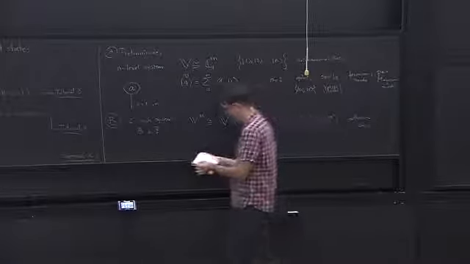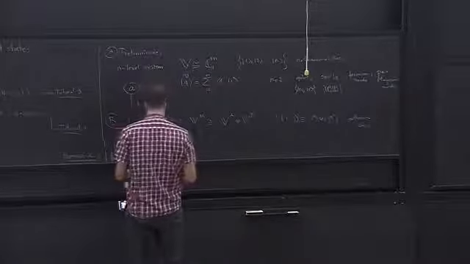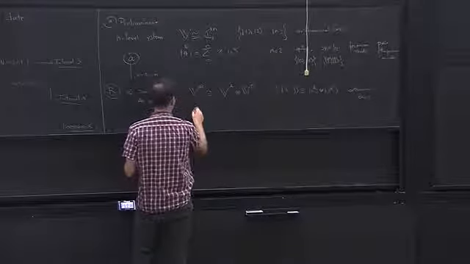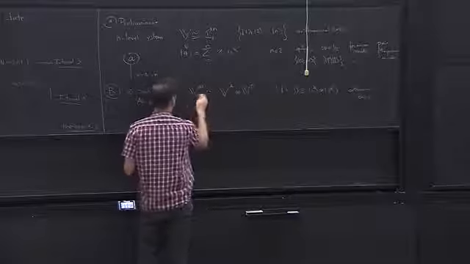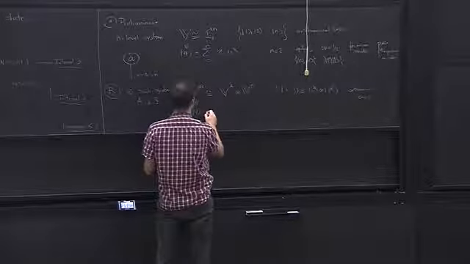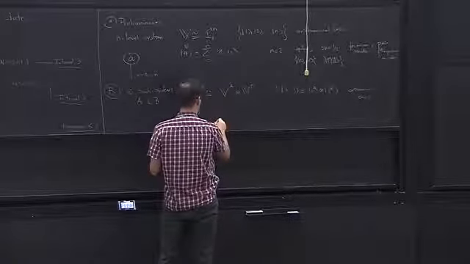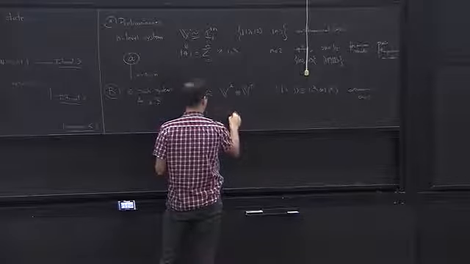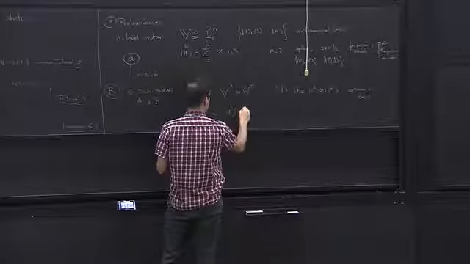So you've seen this. And so what does an arbitrary state look like here? Psi in this bipartite space is going to be the sum over i and j of a_ij |ij>.